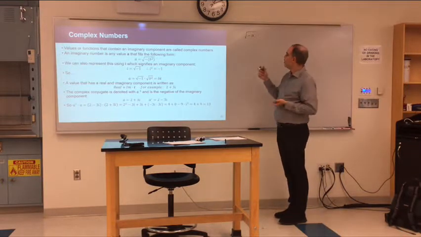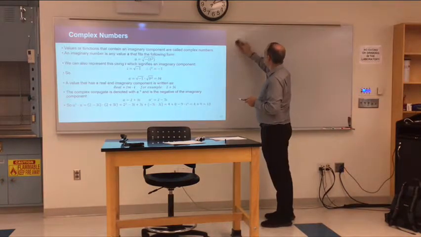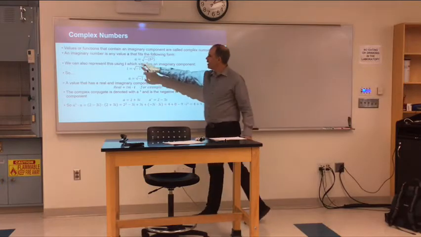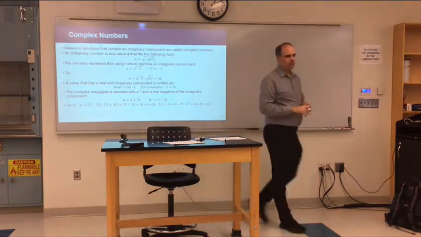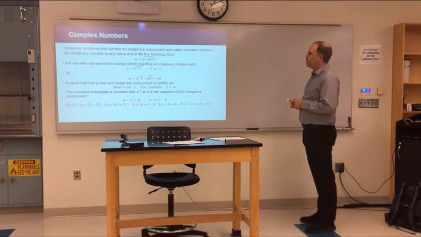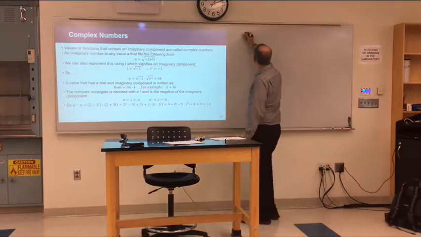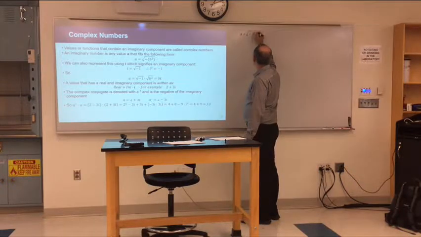So what we would do, or actually let me be closer to this one. Let's say our value A is equal to the square root of negative b squared, right? So via math, A is equal to the square root of negative b squared.